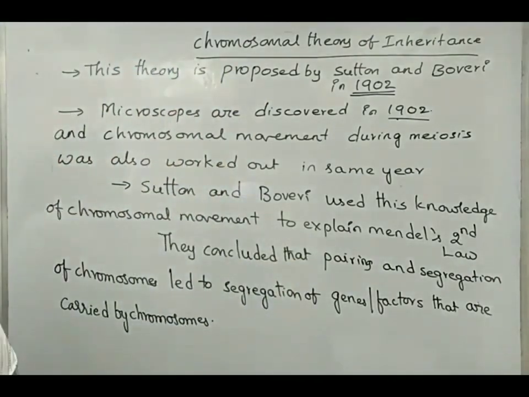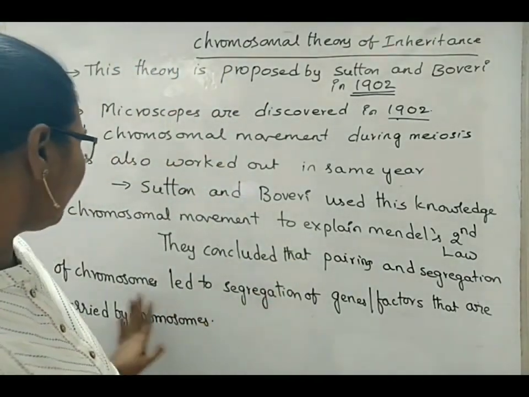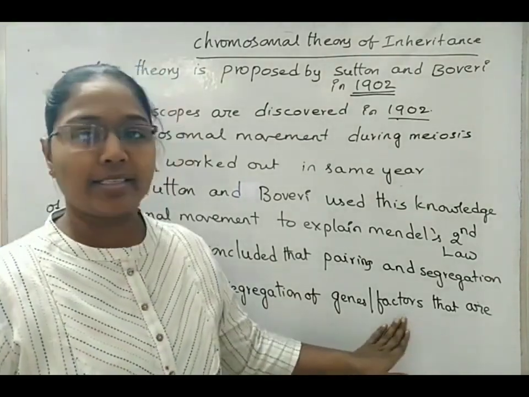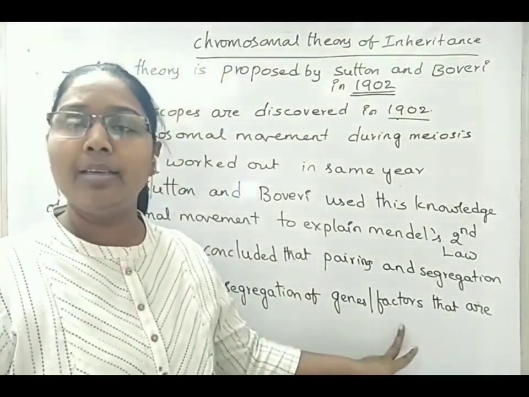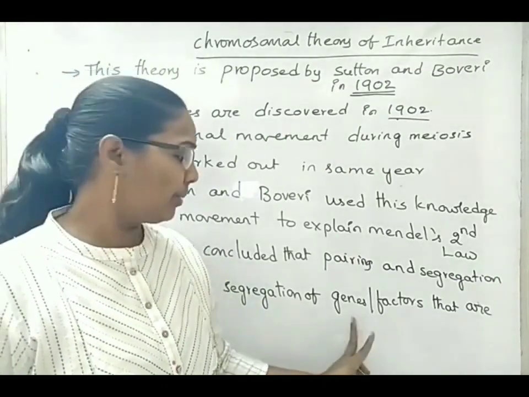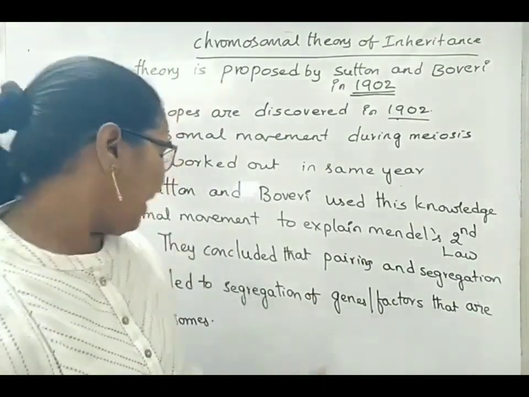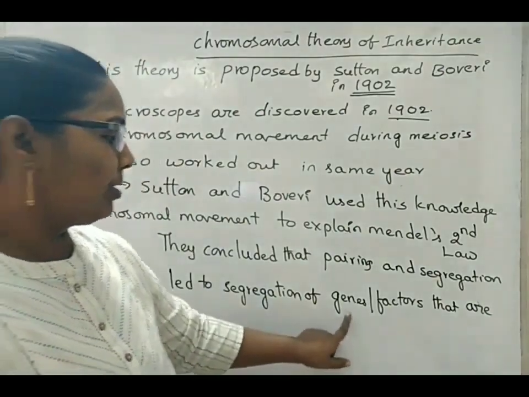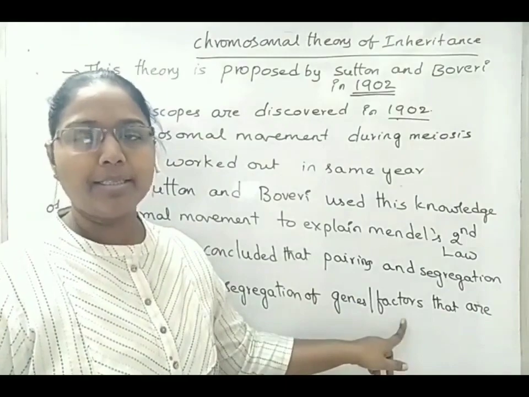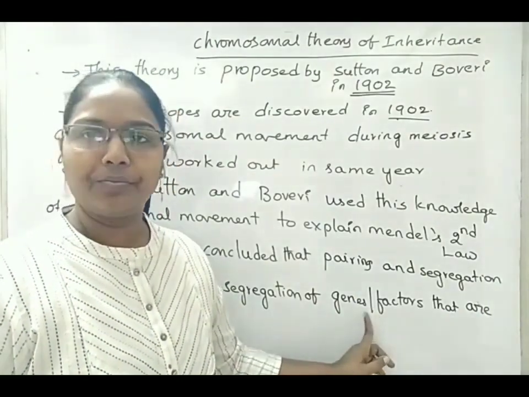And they concluded that this pairing and segregation of chromosomes led to the segregation of genes or factors. Factors is the term used by Mendel. Mendel also used the term element to represent the genes that are carried by chromosomes. So these already existed inside the DNA particles, which we now call genes.